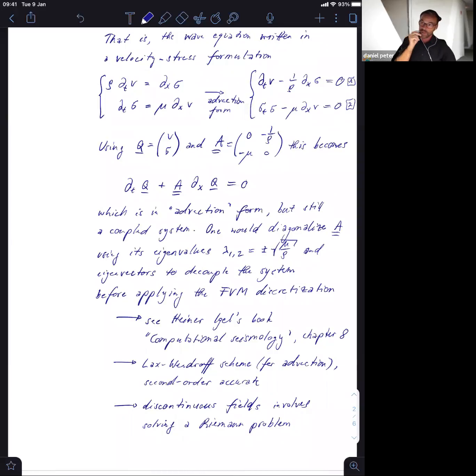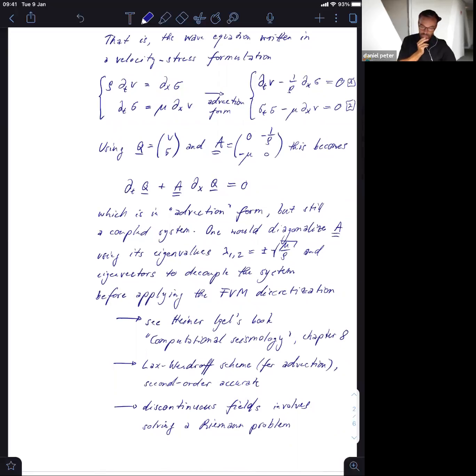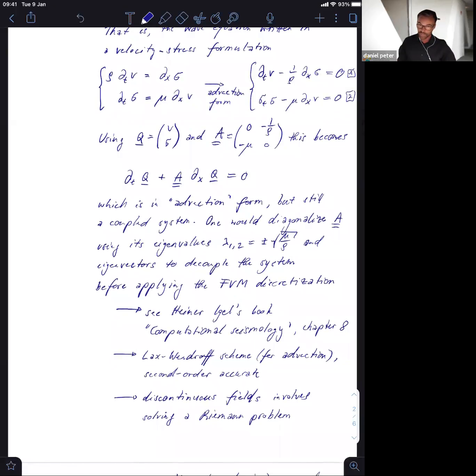The two equations are coupled between velocity and stress. In order to decouple it, you would look into how to diagonalize this A matrix here. For that, you would need to find its eigenvalues and eigenvectors. Then you have these two equations decoupled, and now you can solve it with the typical finite volume approach for advection problems.